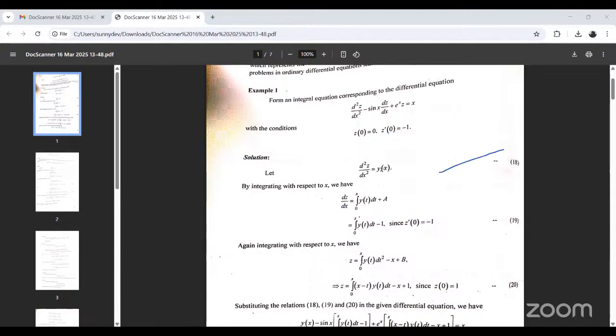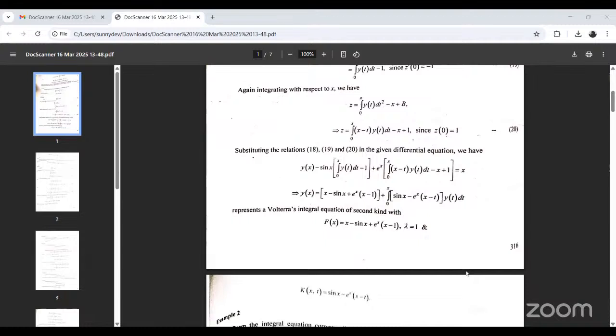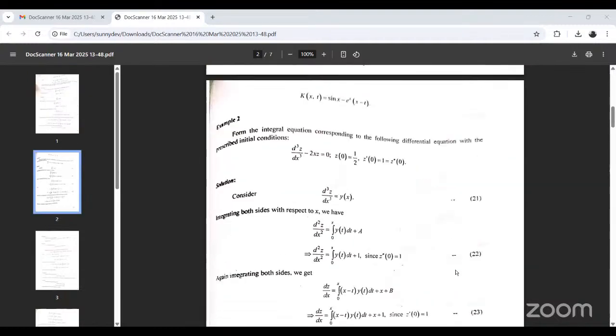So d square z by dx square, dz by dx and z values, all we have to substitute in the equation. Then we get the Volterra integral equation of the second kind, with capital F of x, lambda equal to 1, and k of x comma t.